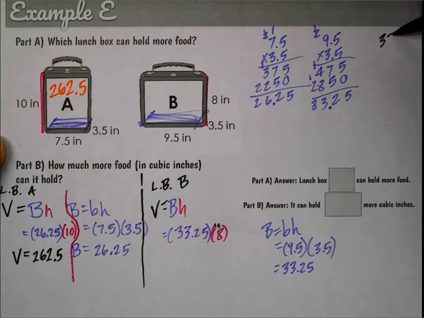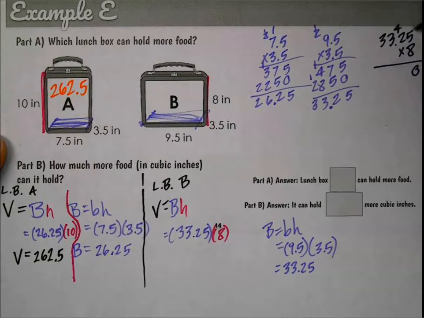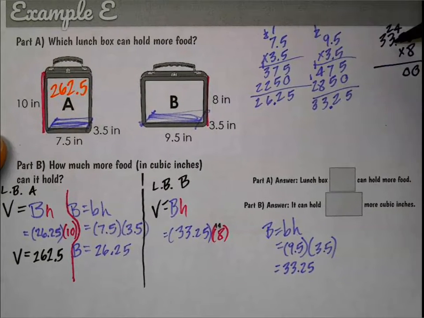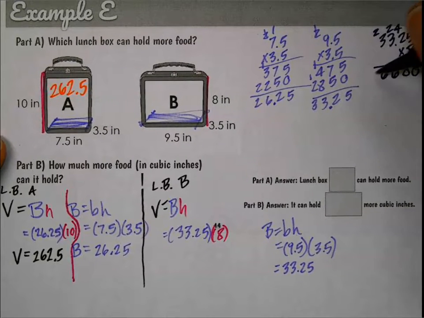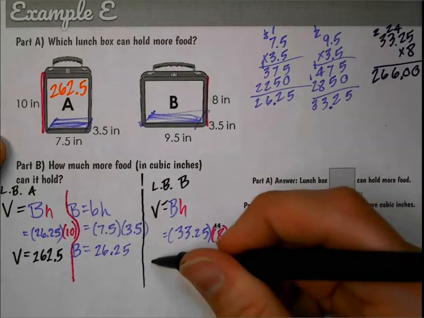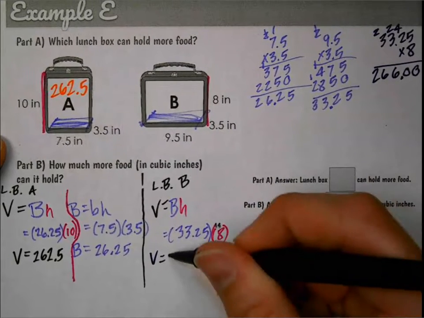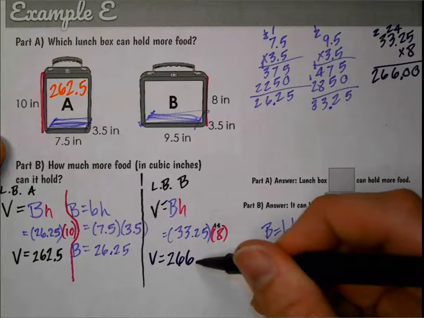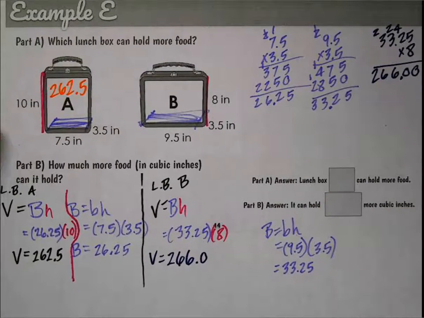I have 33.25 times 8. 8 times 5 is 40. 8 times 2 is 16, plus 4 is 20. 8 times 3 is 24, plus 2 is 26. 8 times 3 again is 24, plus 2 is 26. And my decimal goes right there. So, my volume for this one is 266. I could even say 266.0 if I wanted to.